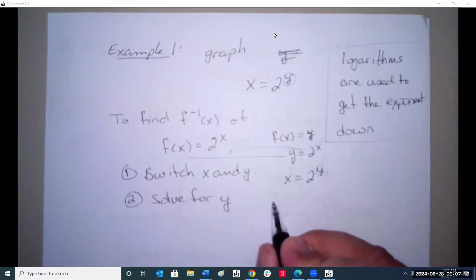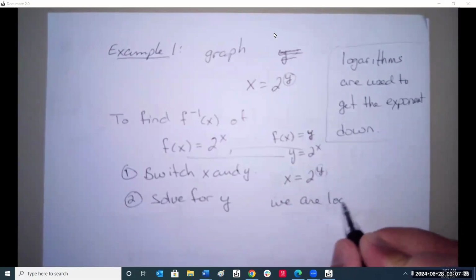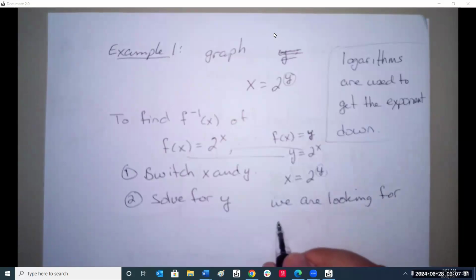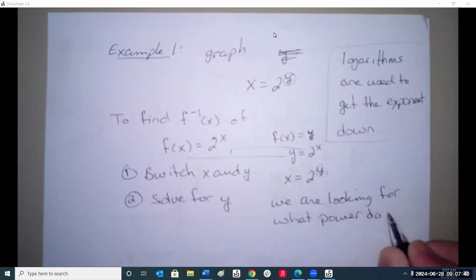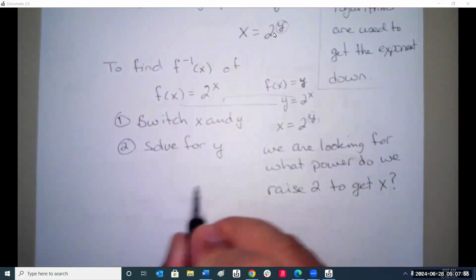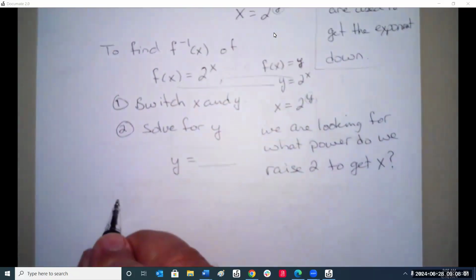Now, what does that mean? What we're looking for here is this: to what power do we raise 2 to get x? So here we're trying to get y by itself now. How do we do that?